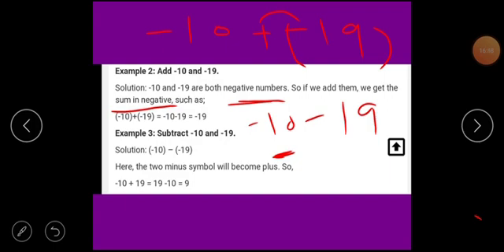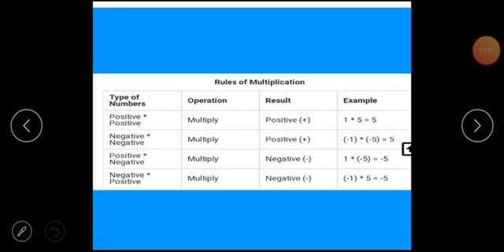And after adding these two numbers 10 and 19, what will you get? 29. Please do the correction. This is 29, not 19. Okay, so in answer you will get minus 29.